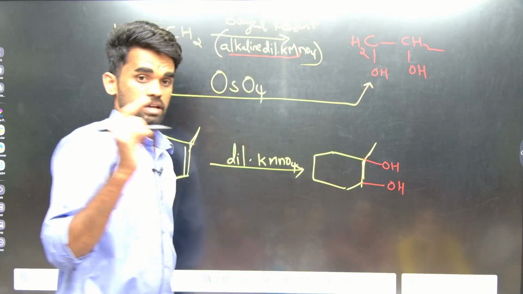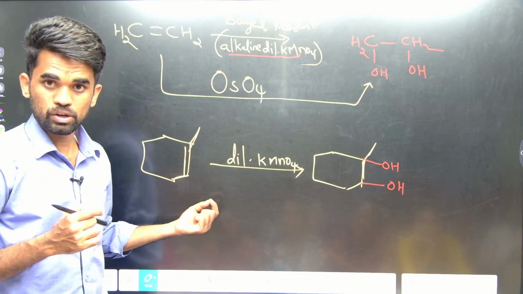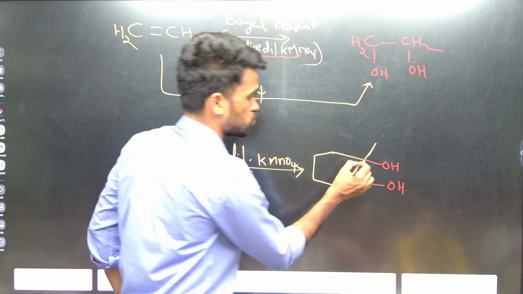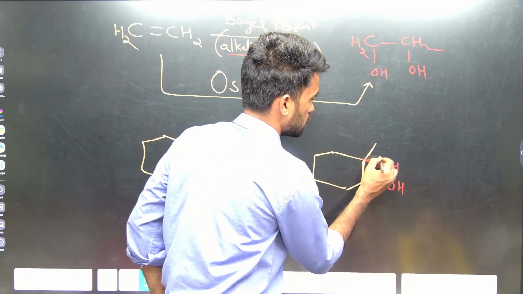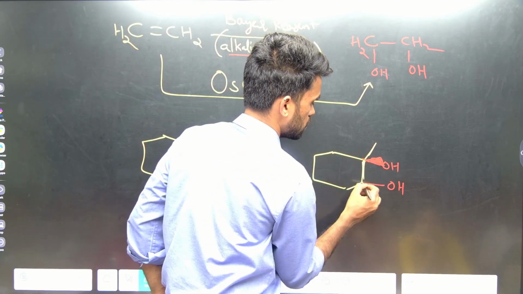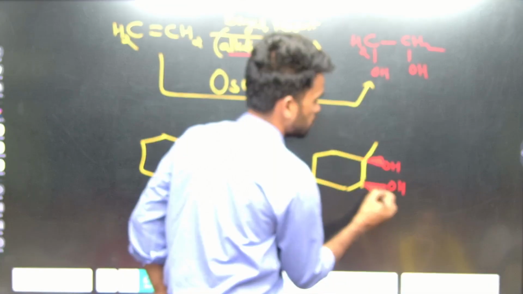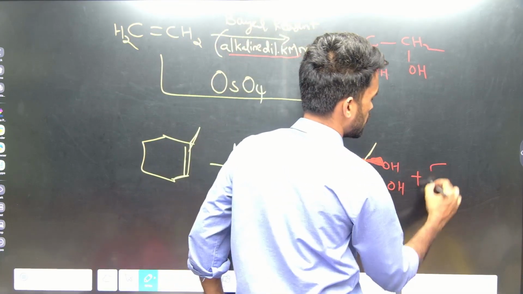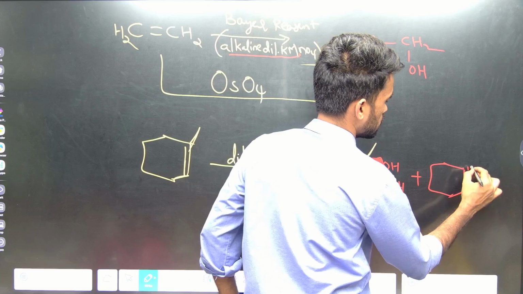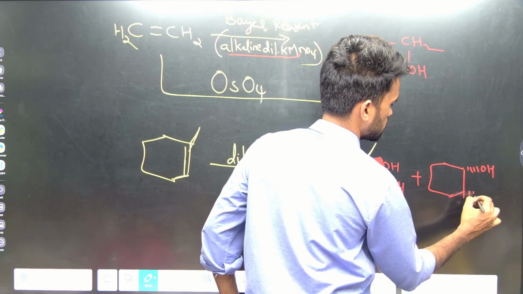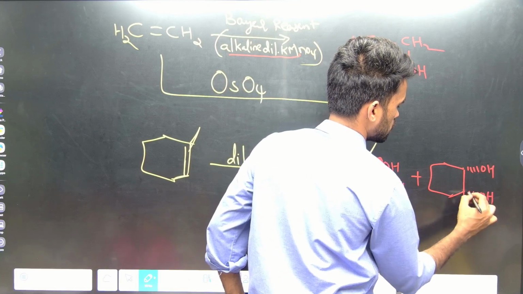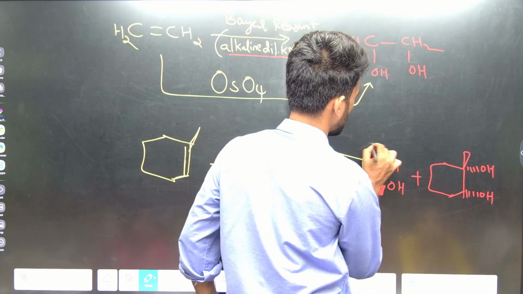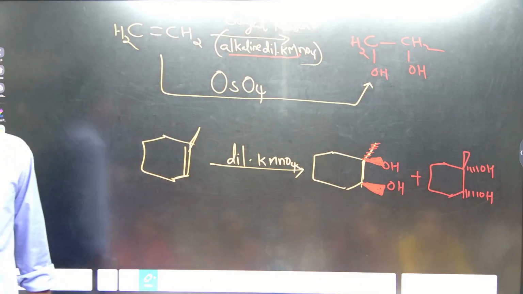Again, addition of two OH groups, that should be cis addition. It means both OH groups should be from the same plane, either above the plane or below the plane. Like this you can write, or like this also you can write.